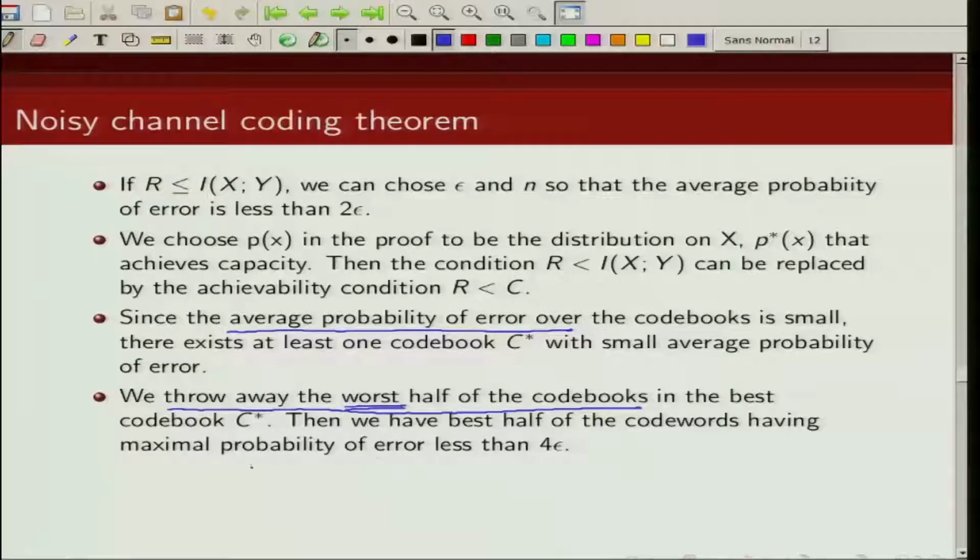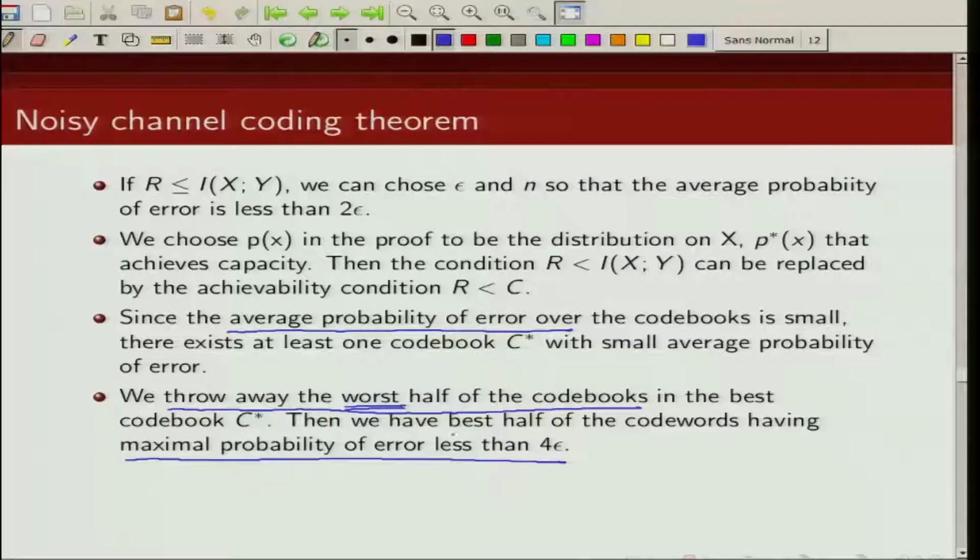Now it can be shown that for these best half code words the maximal error probability is less than 4 epsilon.